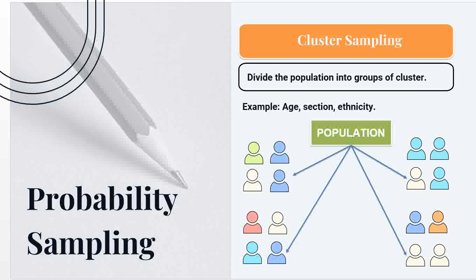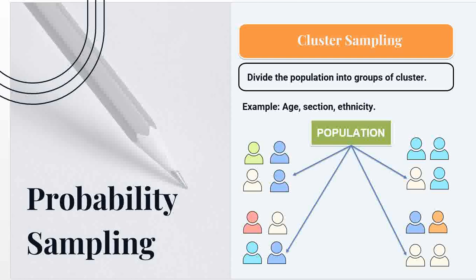So, divide those 200 into subgroups. Then afterwards, you take, let's say, 5 each: 5 from Automotive, 5 from HE, 5 from ICT, there. That is what we call a cluster. Again, when we say cluster sampling, you are going to divide the population into subgroups.